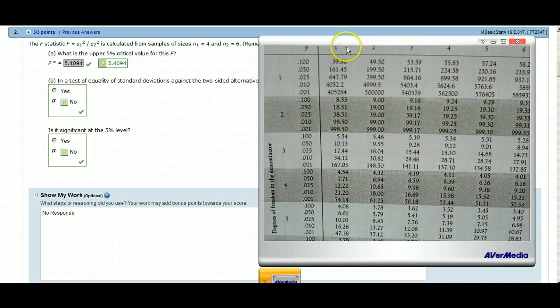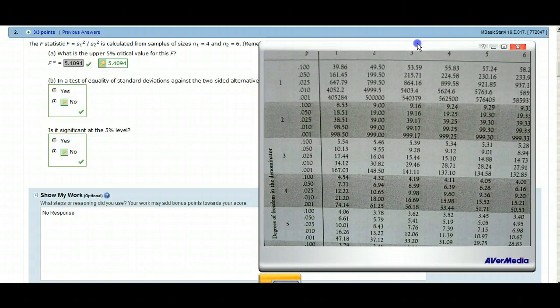So in that same column, we're in column 3, row 5, but we're using the 10%. So 3.62 is going to be our critical value. In order for us to reject the null hypothesis, our test statistic, our test F, has to be greater than 3.62.